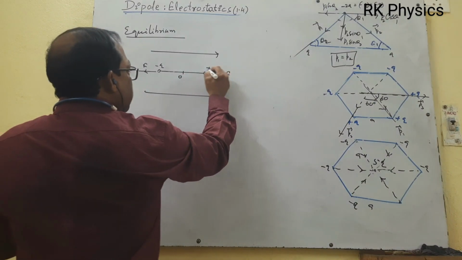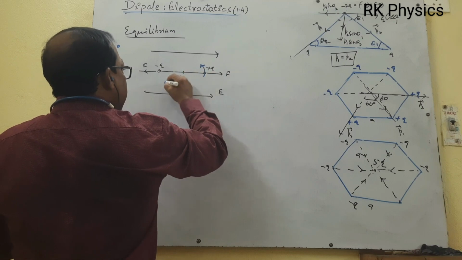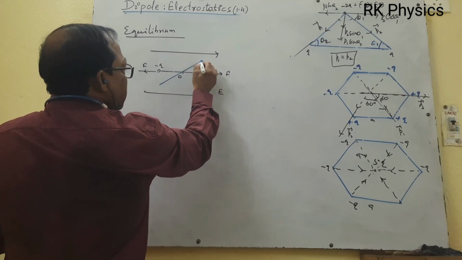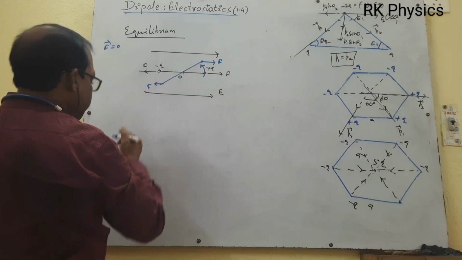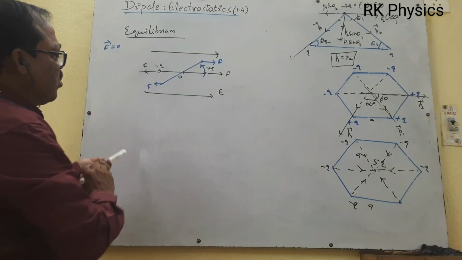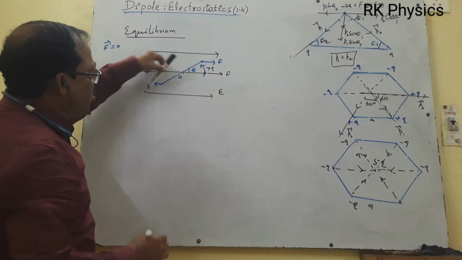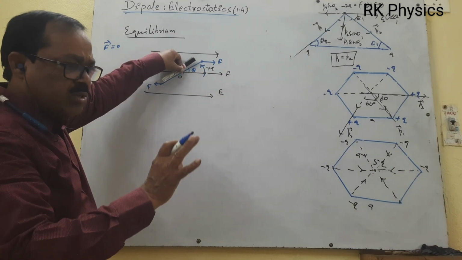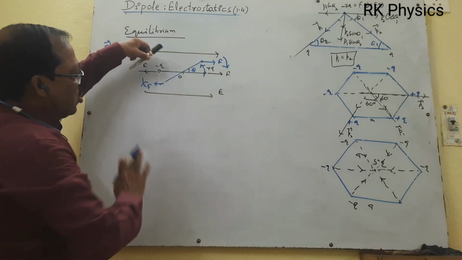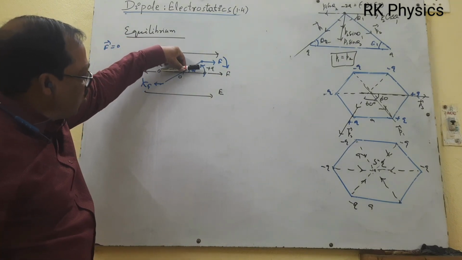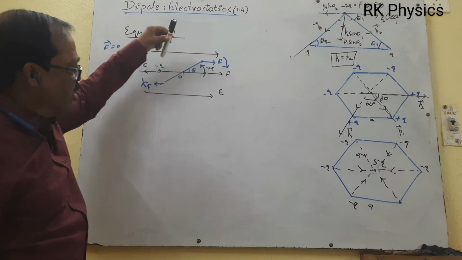Then the dipole is rotated through an angle theta along this direction. Now the force is this, and the force is this. If you rotate this dipole by an angle theta using a torque, then release it, the external force due to the electric field tends to rotate it towards its original position.